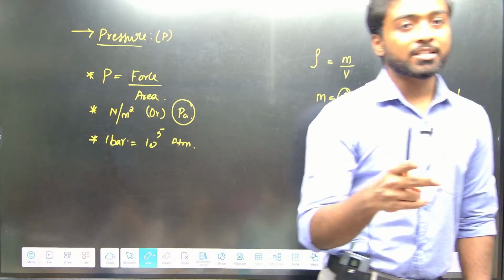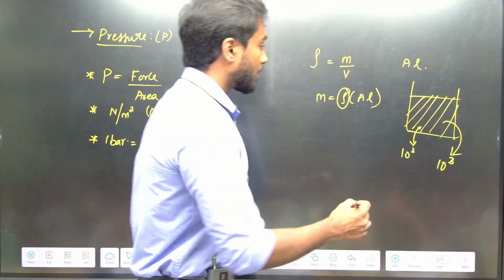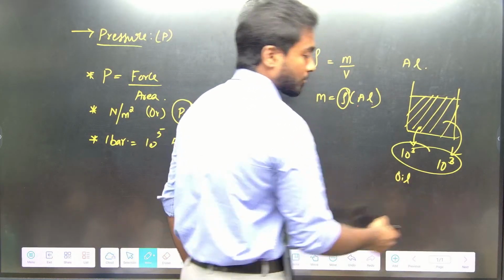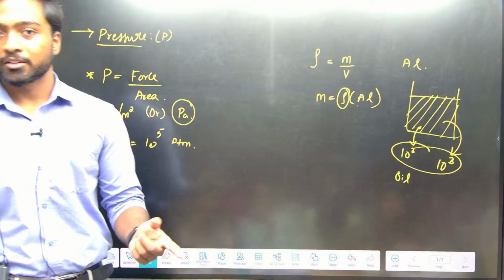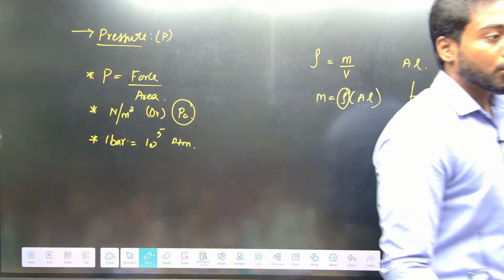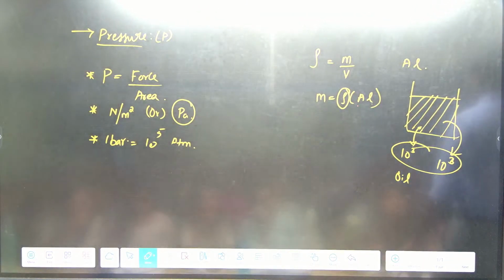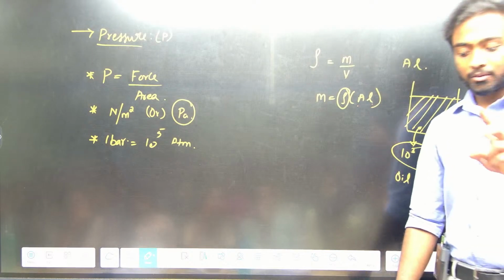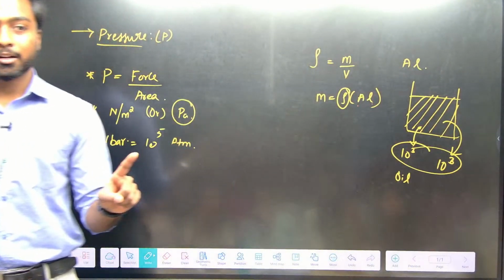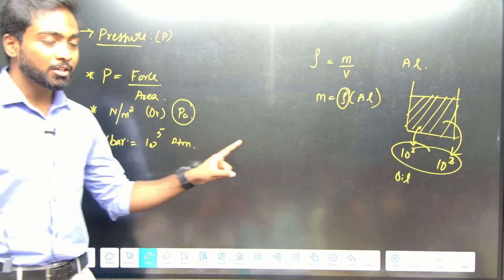If the liquid changes, density changes. I am talking about only water here. If I talk about oil, the density changes. If I talk about alcohol, the density changes. So depending upon the liquid, the density changes. For the same liquid, same density. Okay. There is no change in density.